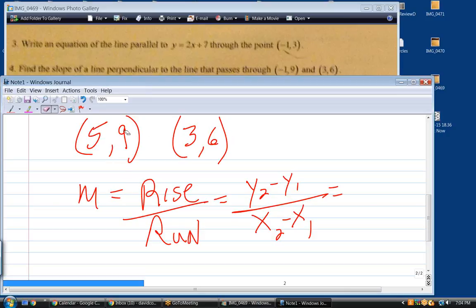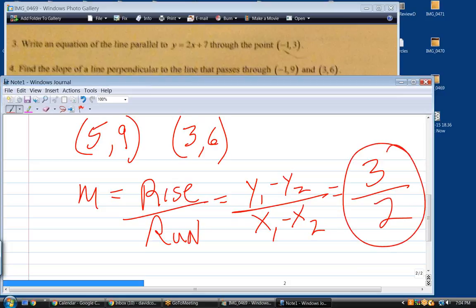So if I was looking to do the slope here, I'm going to do y sub 1 minus y sub 2 on top and bottom. I'm going to change this to 1 and 2 also. Why? Because it allows me to work with nothing but positives. Y sub 1 minus y sub 2 is a plus 3. X sub 1 minus x sub 2 is a plus 2. There's your slope.